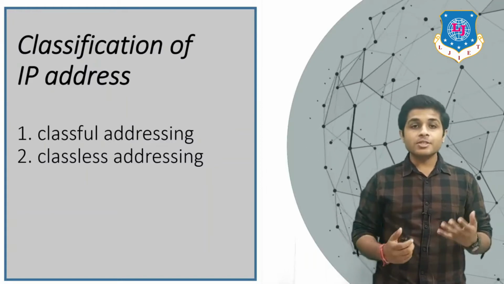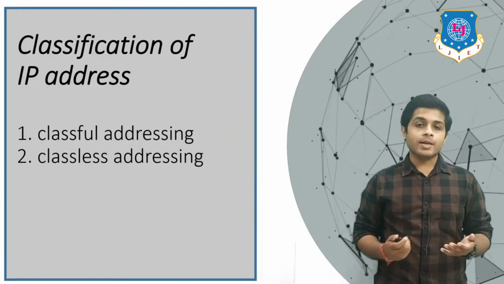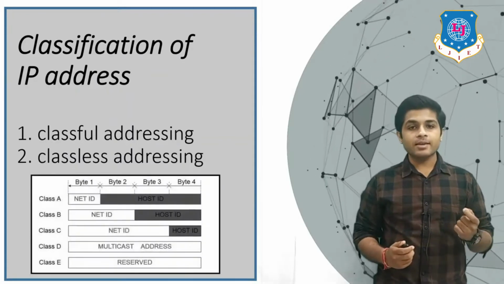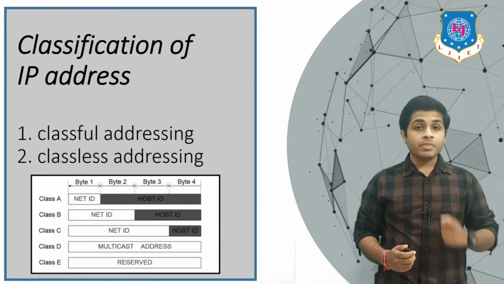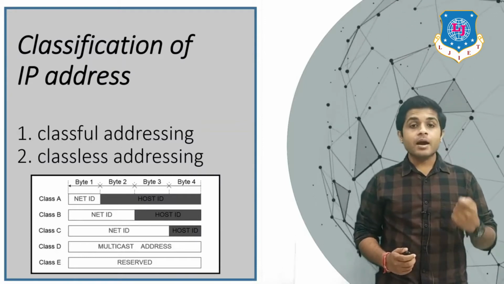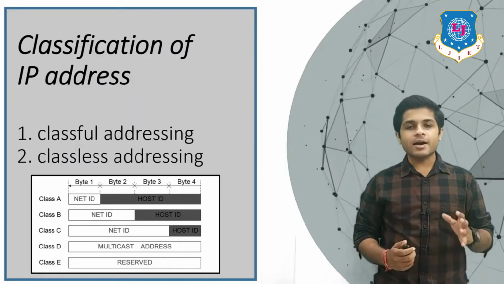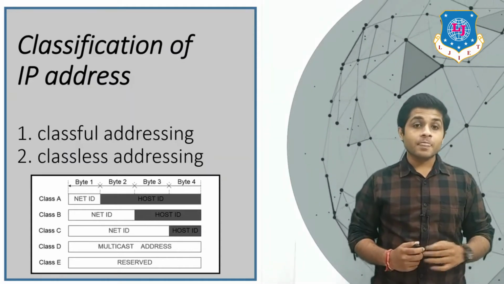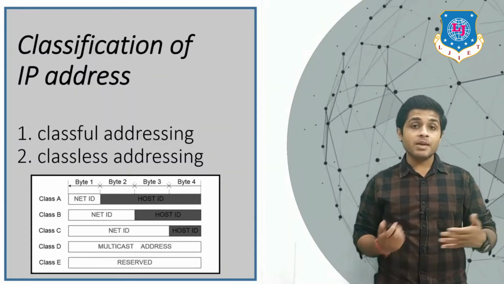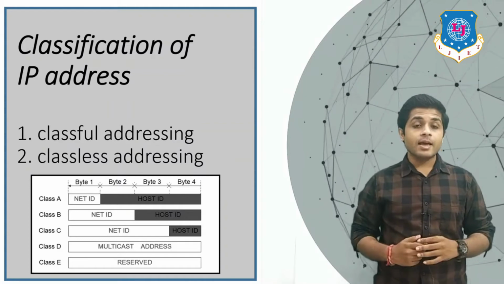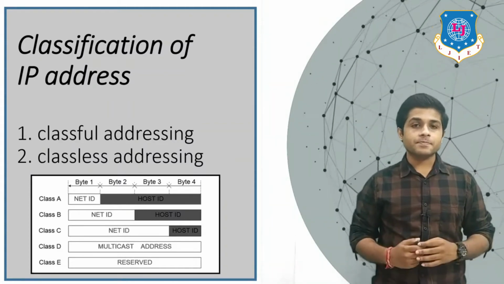To distribute these addresses efficiently, those addresses are divided into classes, which are class A, class B, class C, class D, and class E. Class A, B, and C are known as unicast IP addresses, means those IP addresses are for one device only. Class D is multicast, means one IP address may be for more than one device, and class E is reserved, means for development purposes.